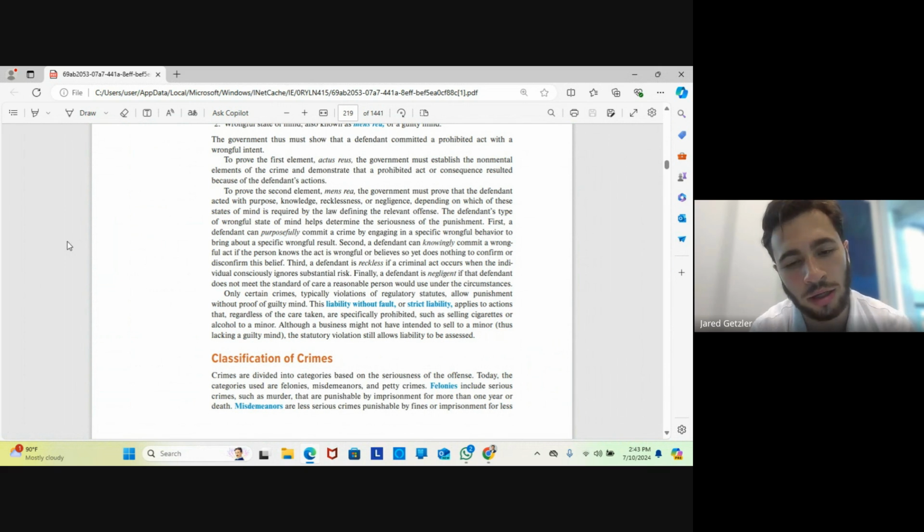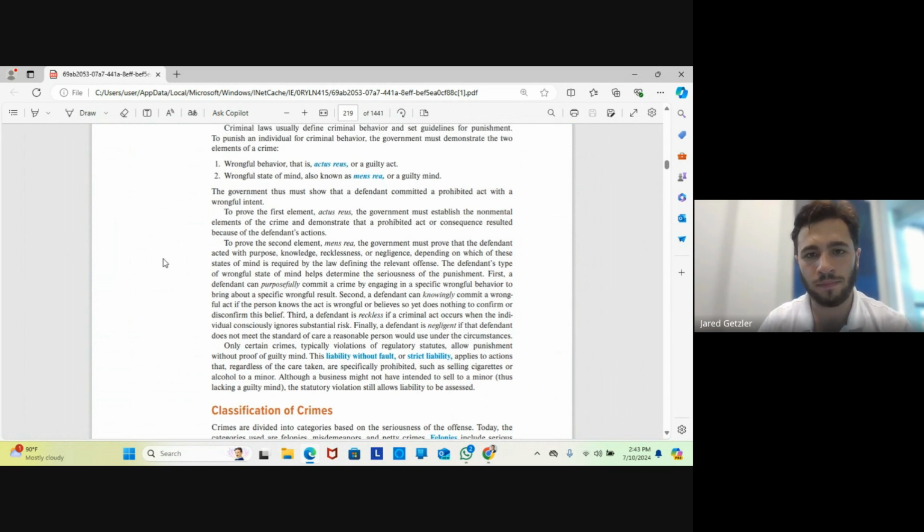So that's going to be liability without fault, meaning I wasn't at fault for the accident, but because I didn't stay there, I'm still going to have actus reus. So it's still a guilty act, but it's not going to be mens rea. I didn't have a guilty mind when I did it. I didn't intend to do it. I had to do it out of safety for myself and my girlfriend. So that would be an example of liability without fault.